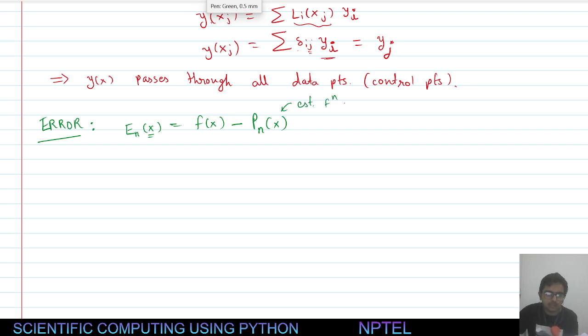And this is the definition of error. And the theorem states that there is some zeta which satisfies that this error is equal to f to the n of zeta divided by n factorial, and then the product over x minus xi.